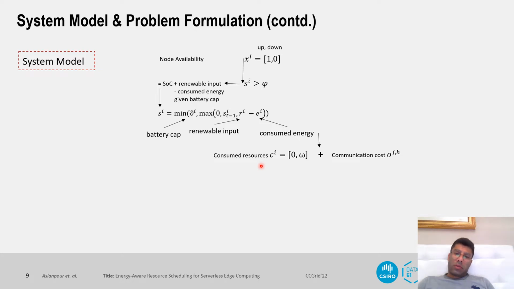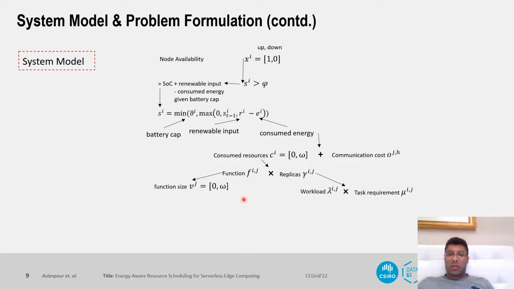The consumed resources, that is the most important part, is also a matter of the functions running on a node and the number of replicas of a function, because they are consuming the resources, specifically the CPU. The functions have a size, so we can determine how much CPU they consume, and the replicas are known based on the workload on the node.